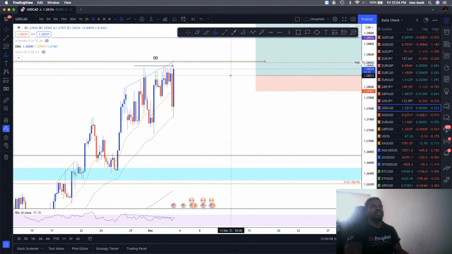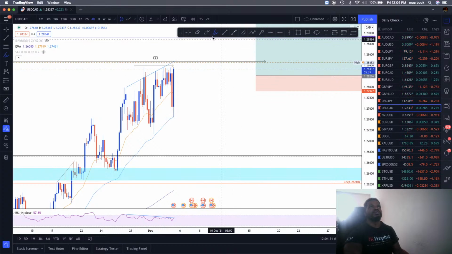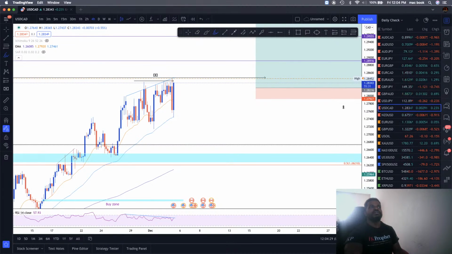Initially, I wanted to enter here, but after seeing that divergence, I figured that it was a great chance that this support level could be retested before making the move to the upside, and it was. So that was a great way to practice patience, and now it looks like we're about to break the highs and have some fun with this trade as well.